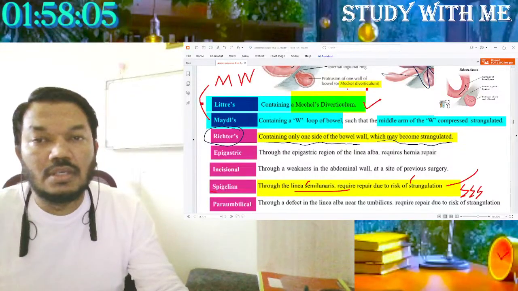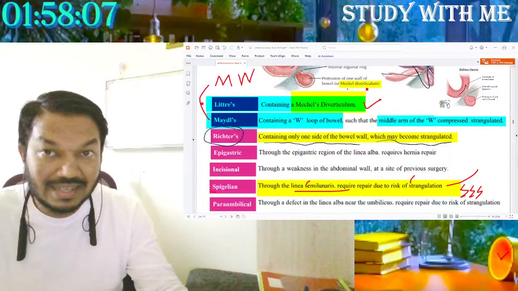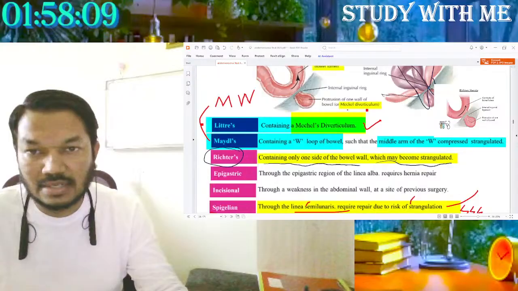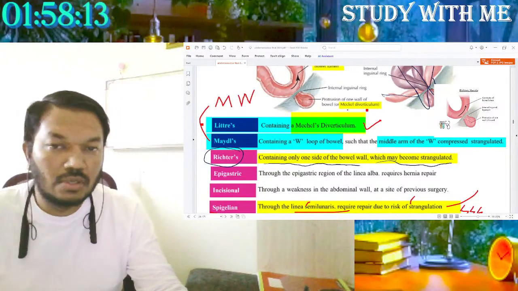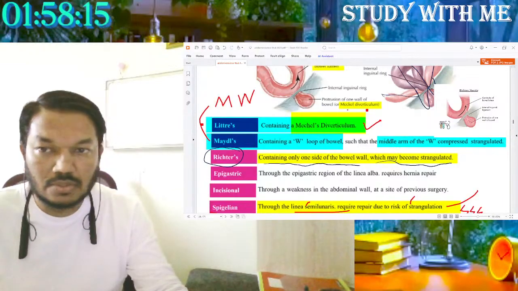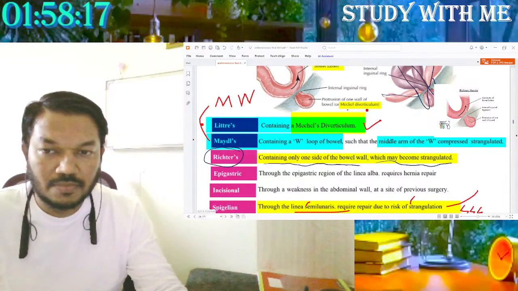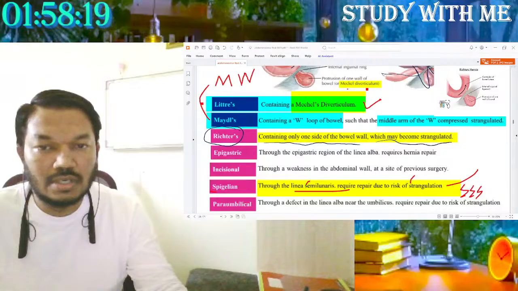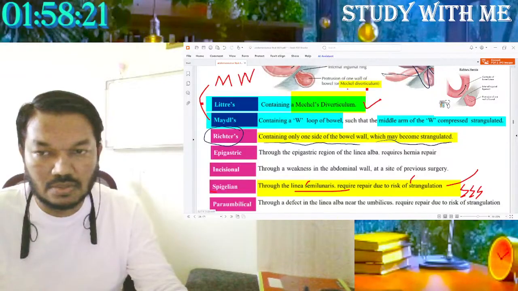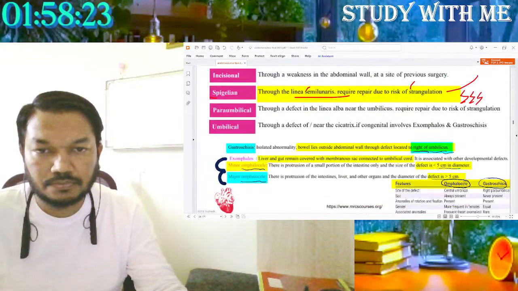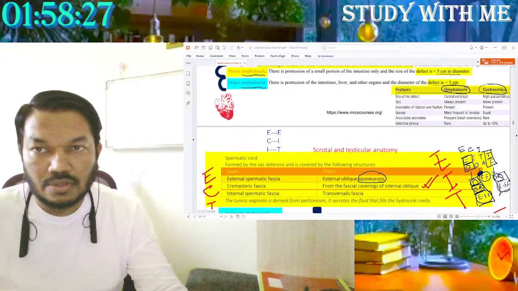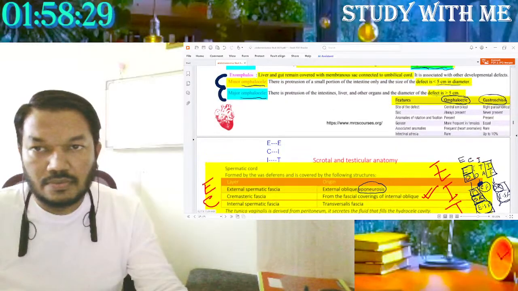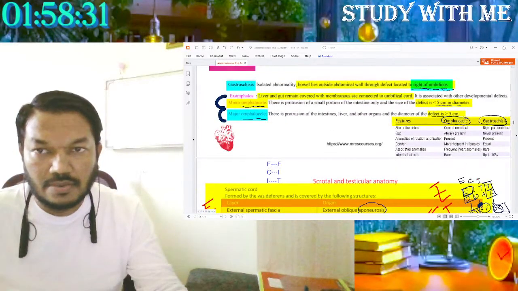Question. If the hernia contains Meckel's diverticulum, it is called Littre's hernia. And if it contains only one side of the bowel wall, it is called Richter's hernia. And if it occurs through the linea semilunaris, it is called Spigelian. Understand?